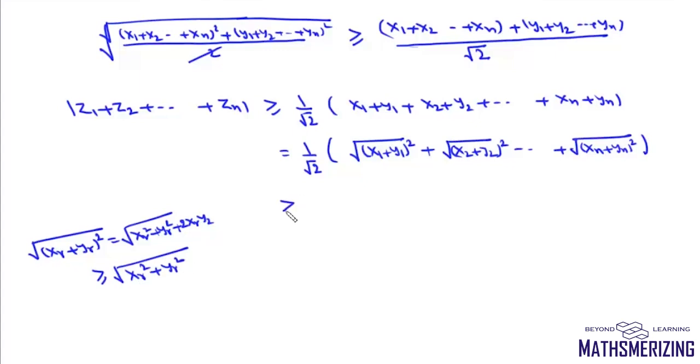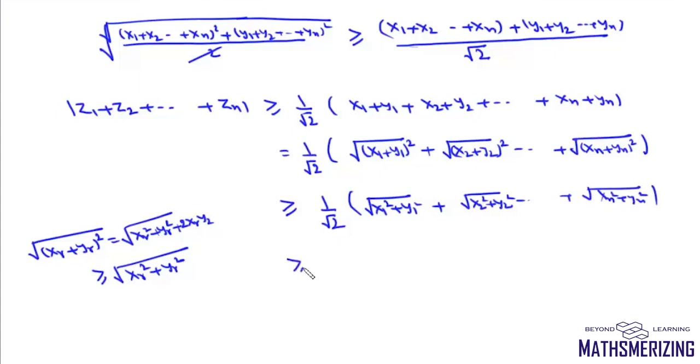So it will always be greater than or equal to 1 by root 2 under root of x1 square plus y1 square plus under root of x2 square plus y2 square plus under root of xn square plus yn square. Now this is nothing but this is mod z1, mod z2 and mod zn. So it is 1 by root 2 mod of z1 plus mod of z2 plus mod of zn.